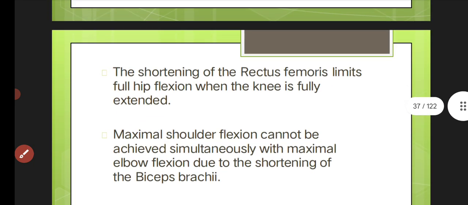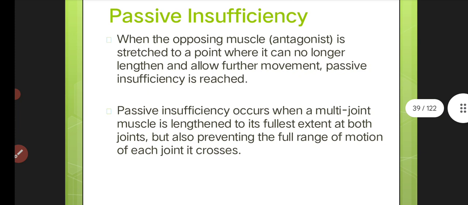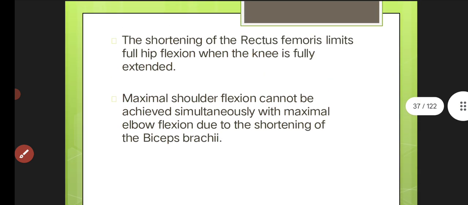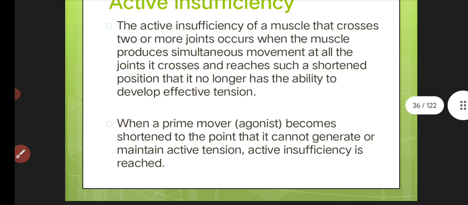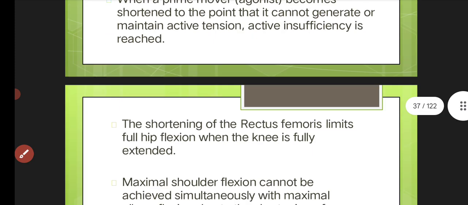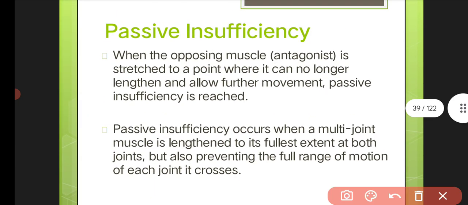Now we will know passive insufficiency. In the case of active insufficiency, it was the agonist, the prime mover. In the case of passive insufficiency, it is the antagonistic muscle.